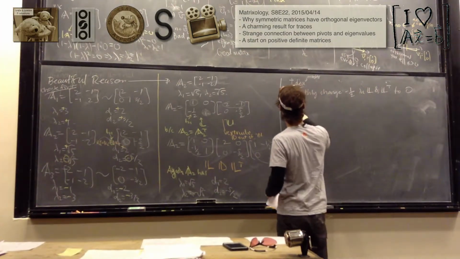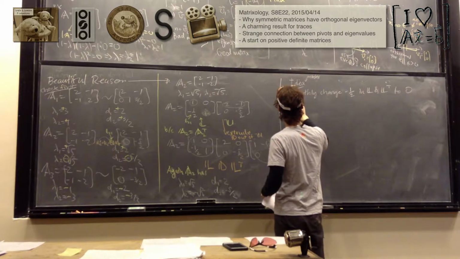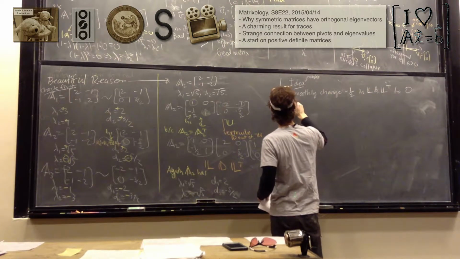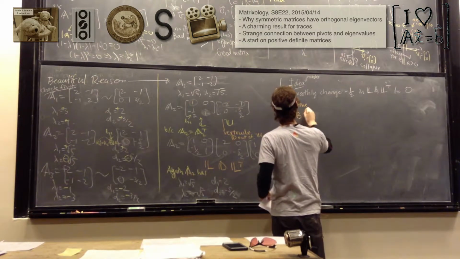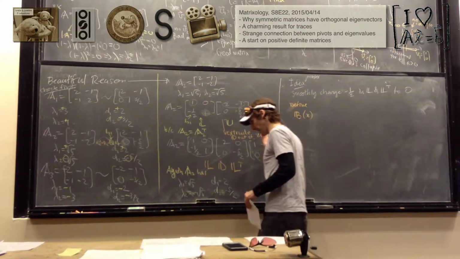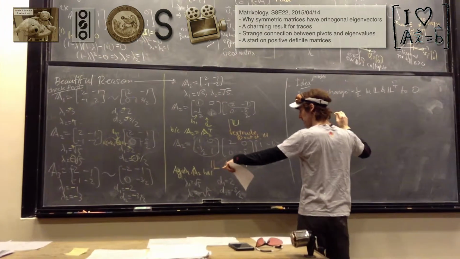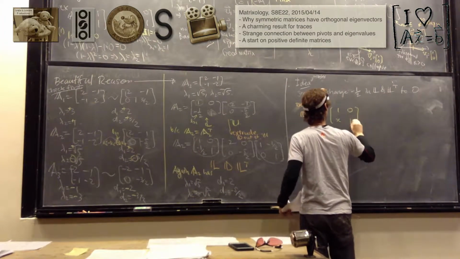So let's make it a new matrix. Okay, so let's define this one, B of x. So it's just some new matrix, got a little parameter x in it. B of x. So it looks a lot like this character, but it's going to be 1, 0, x, 1.